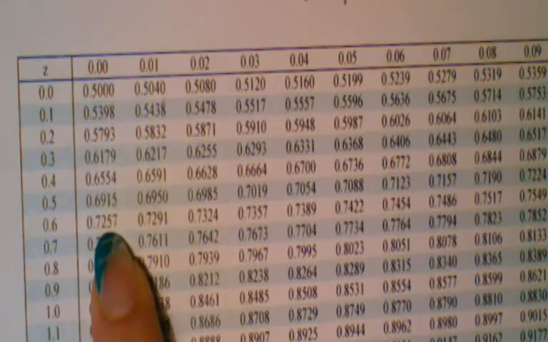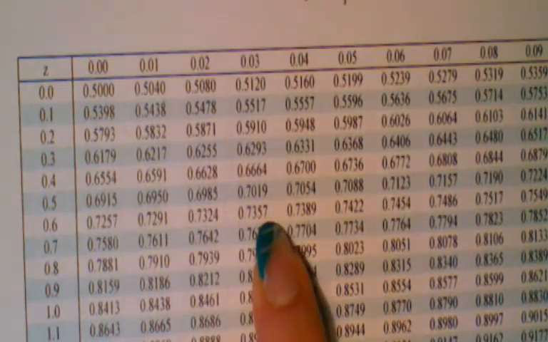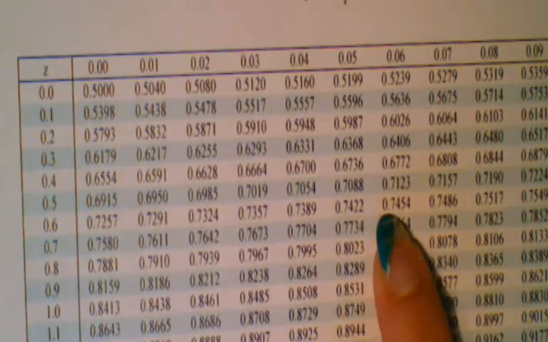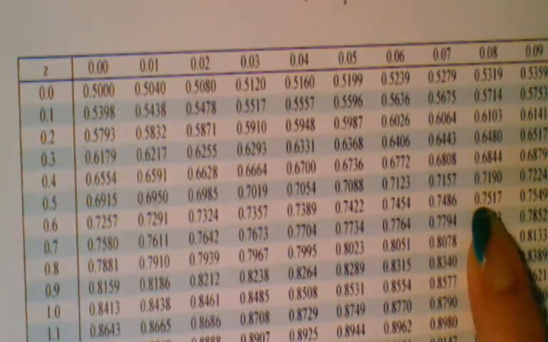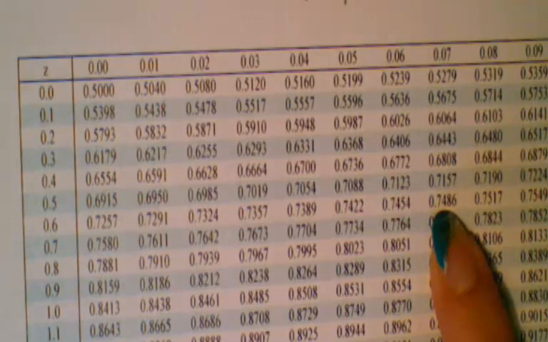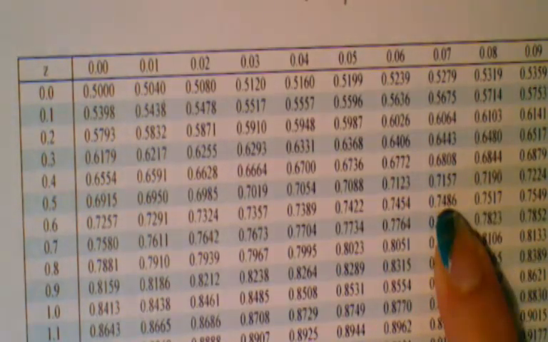So I see 0.7257. What I'm going to do then is go across that row until I find the value closest to 0.7500. Notice 0.7500 is between these two values, 0.7486 and 0.7517. 0.7486 is closer to 0.7500, so I'm going to pick that one.